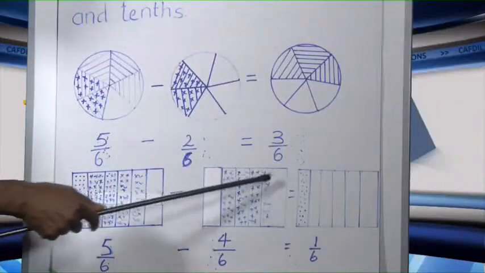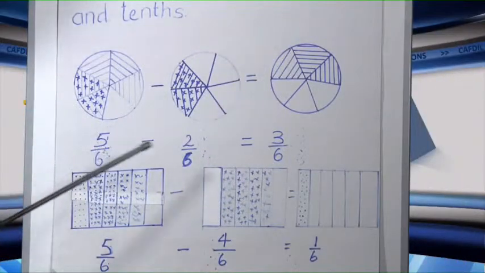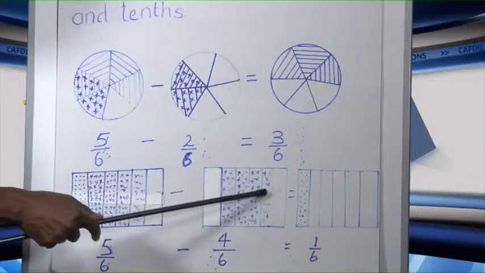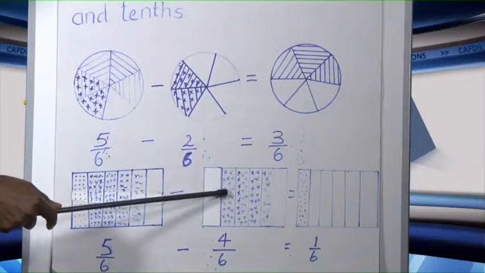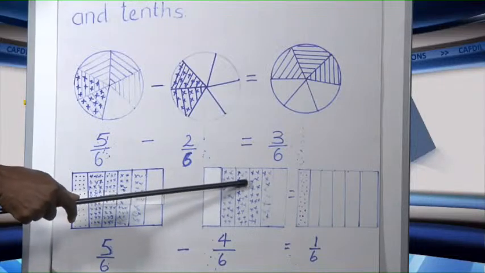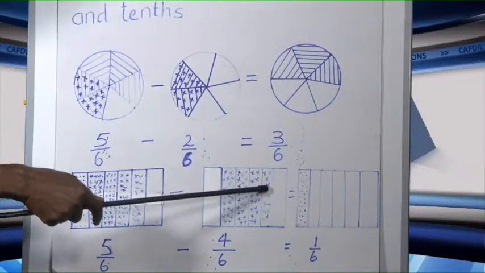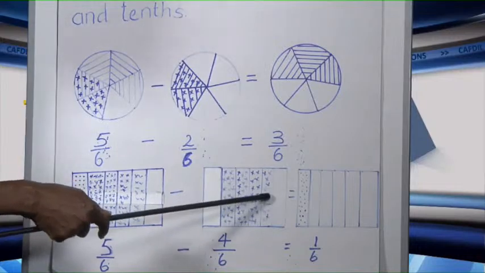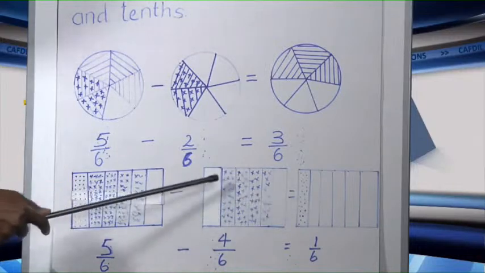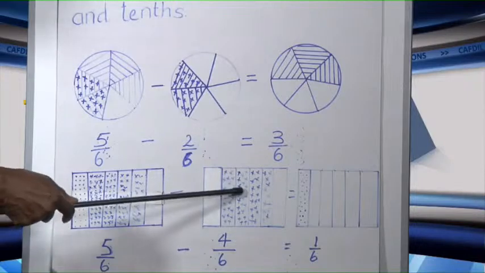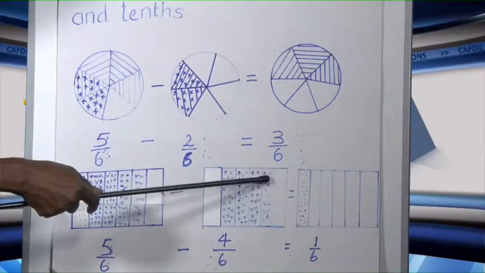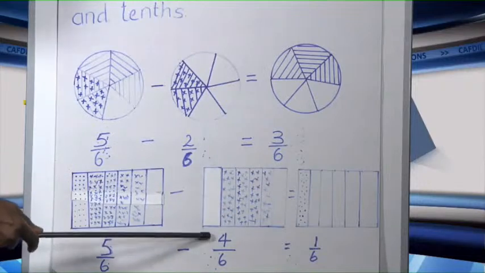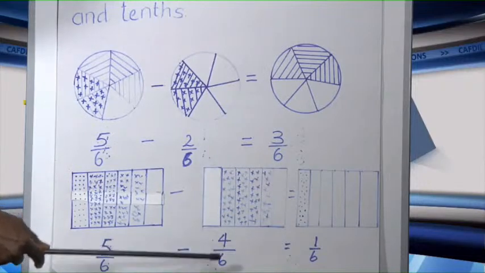Look at this rectangle. How many parts have been shaded? Let's count. 1, 2, 3, 4. Again. 1, 2, 3, 4. So 4 out of 6.